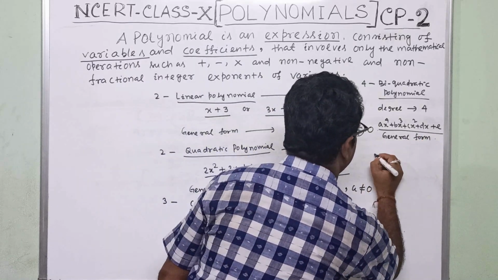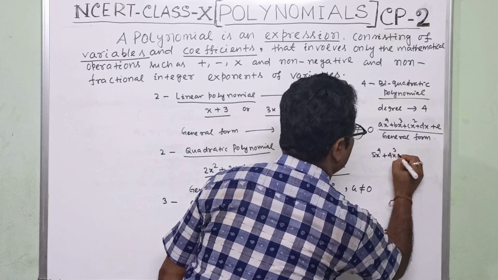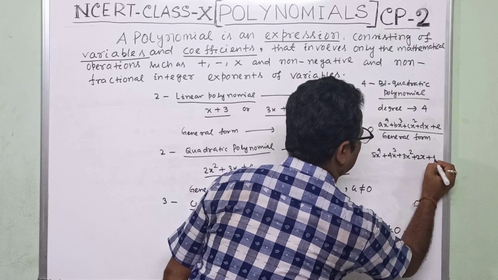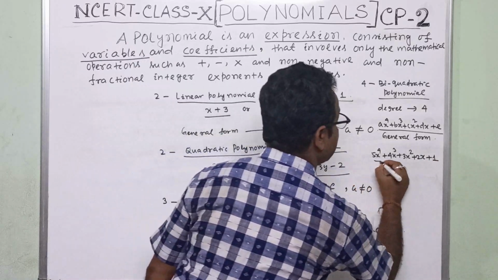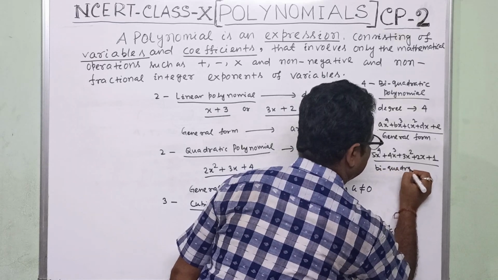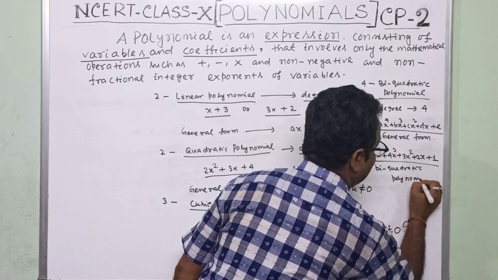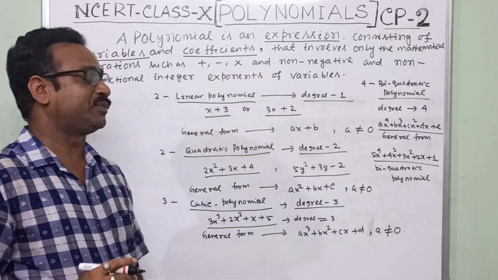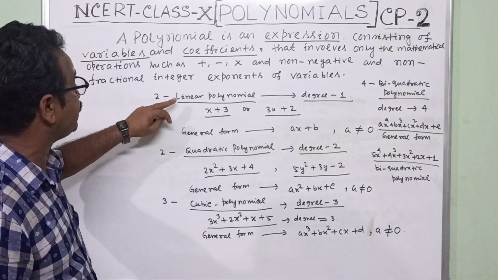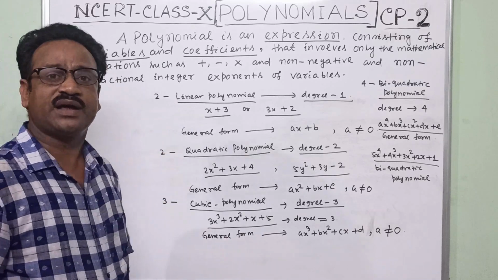Suppose I write 5x to the 4 plus 4x cube plus 3x square plus 2x plus 1. This is a bi-quadratic polynomial. But bi-quadratic polynomial is not in our syllabus. We will not discuss more about it. We will restrict ourselves to linear polynomial, quadratic polynomial, and cubic polynomial.